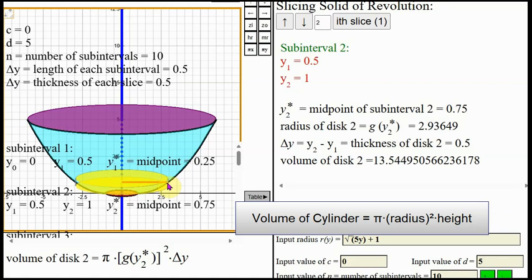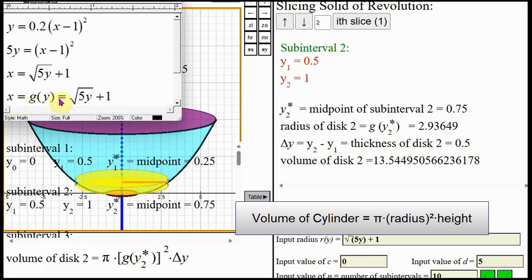To figure out what this distance is, we need this point right here. To get this point, we go back to the equation x equal to the square root of 5y plus 1. Here the y is 0.75, so we put 0.75 here, and then simplify. We'll get 2.93649.